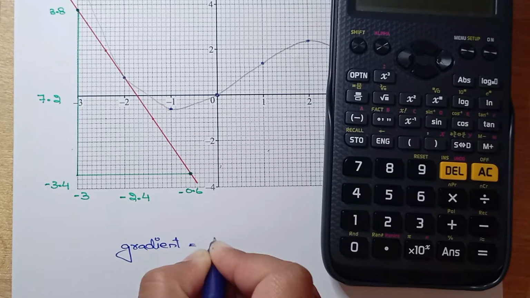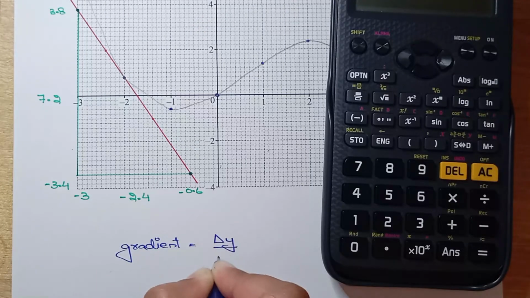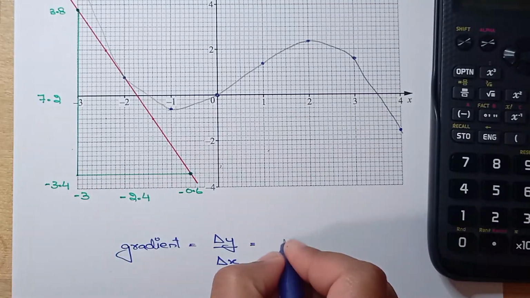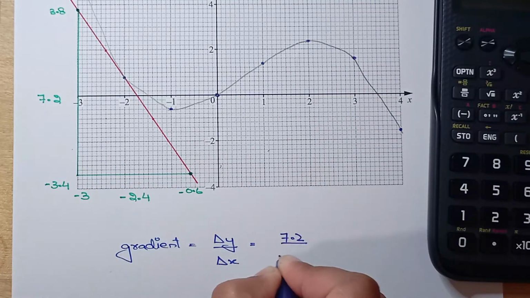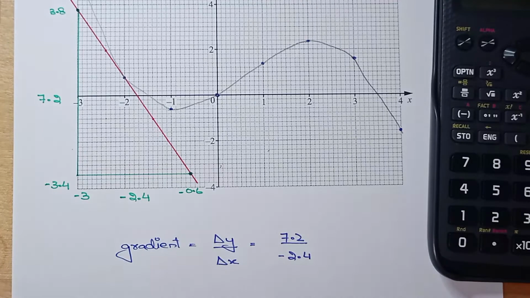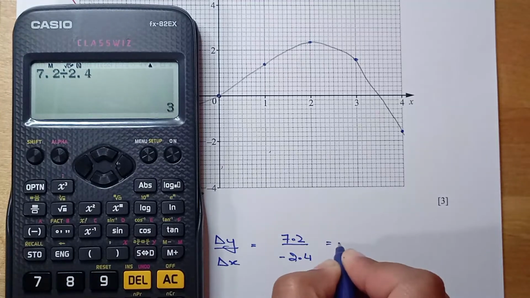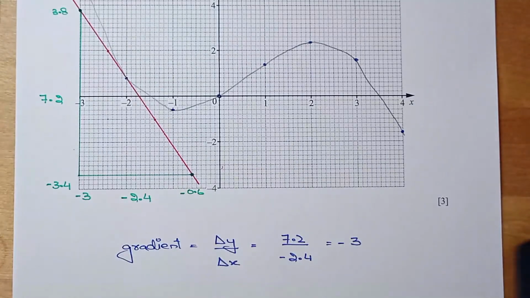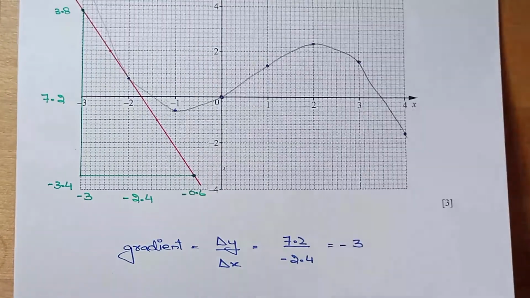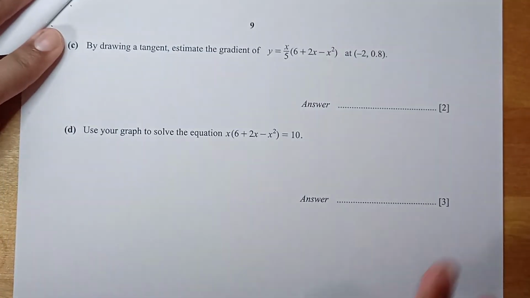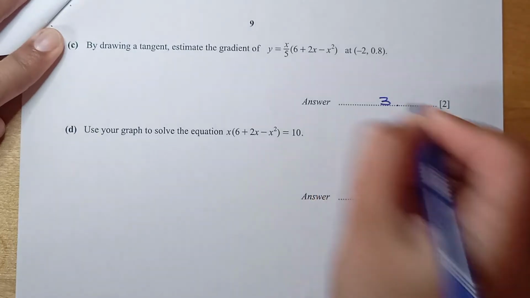The gradient is change in y value over change in x value. So the y is 7.2 and the x is minus 2.4. 7.2 divided by minus 2.4. Let me calculate it. 7.2 divided by 2.4 is 3. So this is negative 3. So the gradient is negative 3. Let me write down the answer for the C part. Yes, this is negative 3.